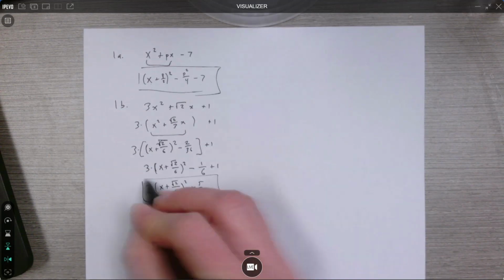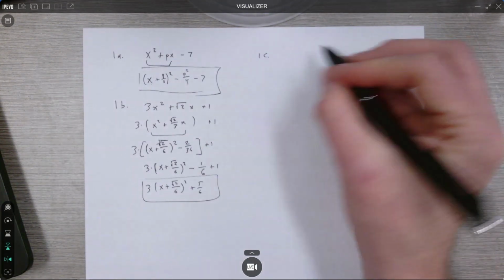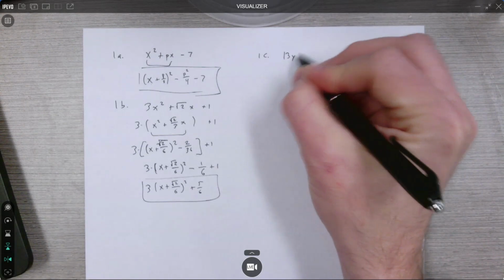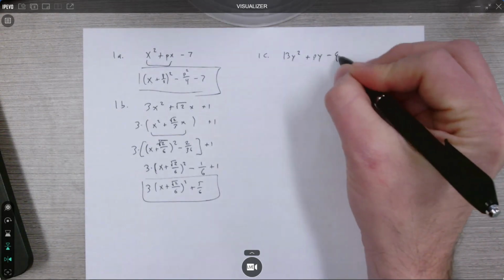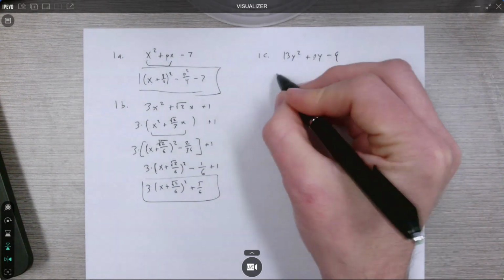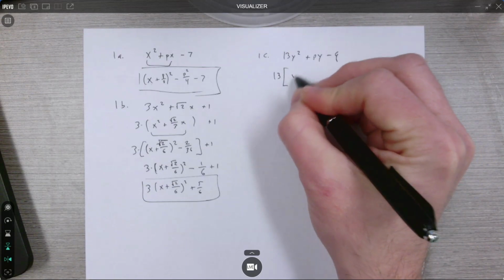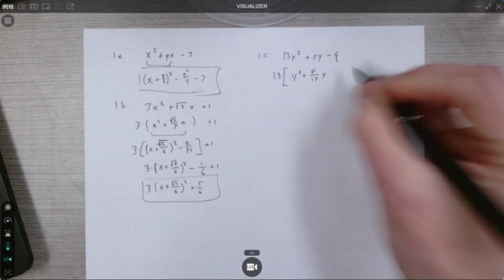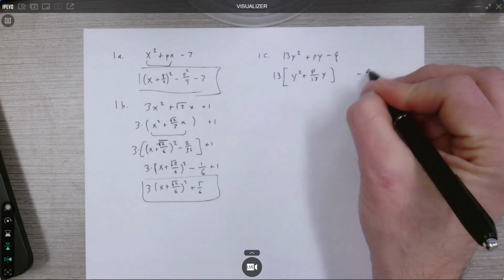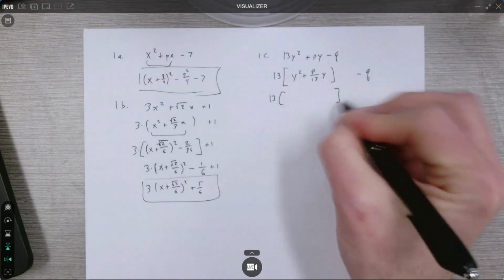Great. Okay, let's do 1c over here. So I've got 13y squared plus py minus q. Let's factor out the 13. So now I've got 13 times y squared plus p over 13y, and then I'm going to have the q over here still. Let's go ahead and complete the square.